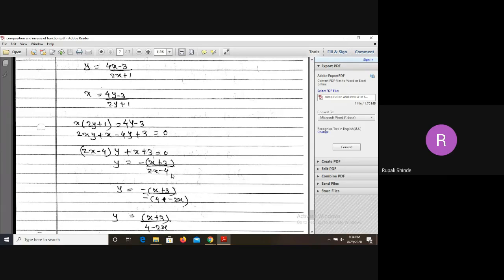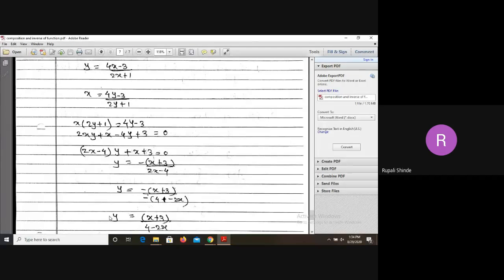That is the same original equation, just I have kept this minus outside the bracket. Now this minus becomes cancelled, you will get y is equals to x plus 3 divided by 4 minus 2x. Now this is the equation in terms of y only.